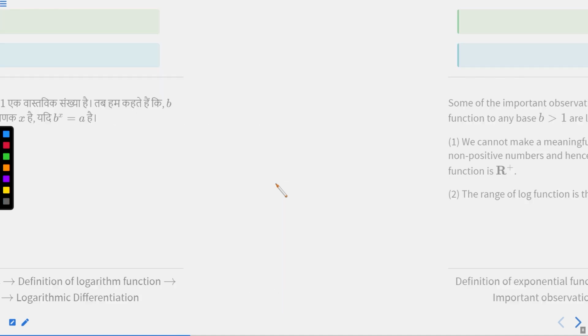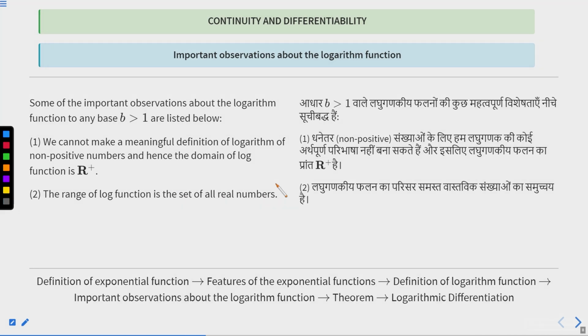So there are some important points about log. Obviously we are taking b, the base, as strictly greater than 1, and a as any real number. So we cannot make a meaningful definition of log with non-positive numbers.